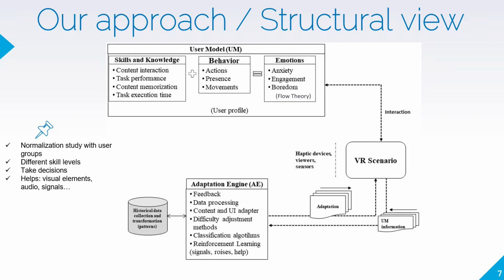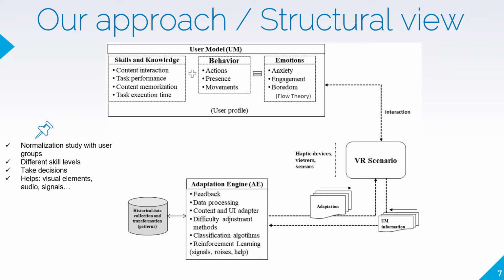The user model is based on important elements to know how to classify the user based on different variables. The user model provides user characteristics split into three main collections: skill and knowledge, emotion, and behavior. The user model is in constant interaction with the other components and helps to understand if the user has difficulties at some stage of training.